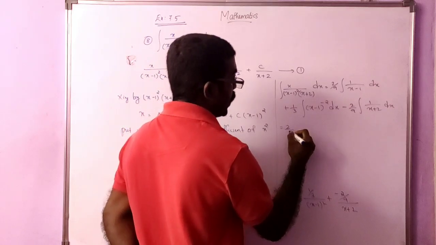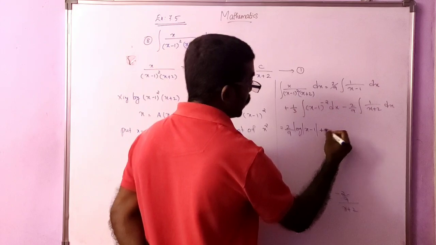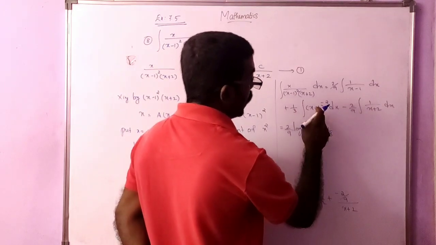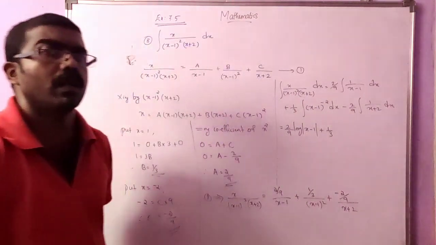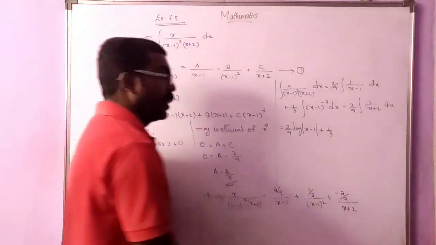which is equal to 2 by 9 log mod (x minus 1), then plus 1 by 3 into, here we can apply the formula integral x raised to n dx, x raised to n plus 1 by n plus 1.